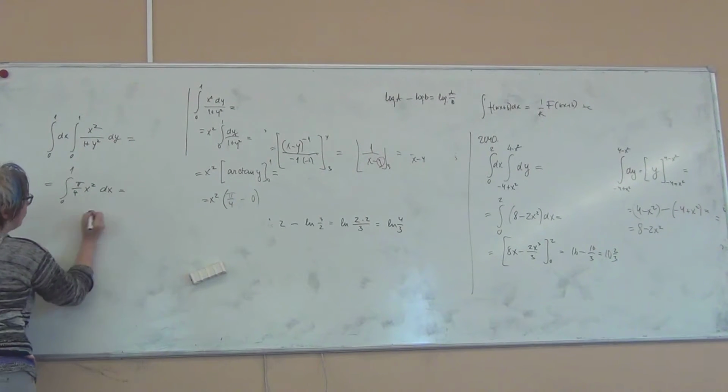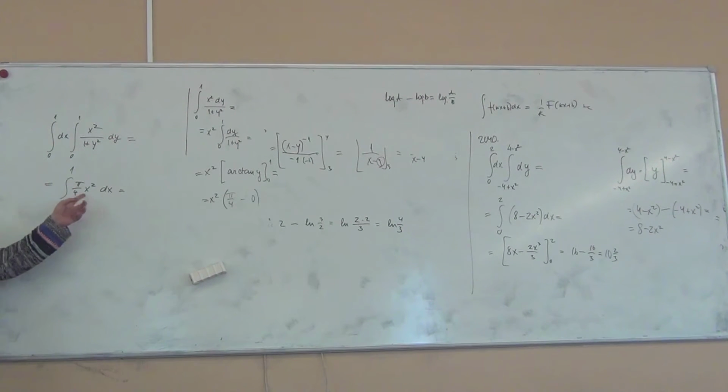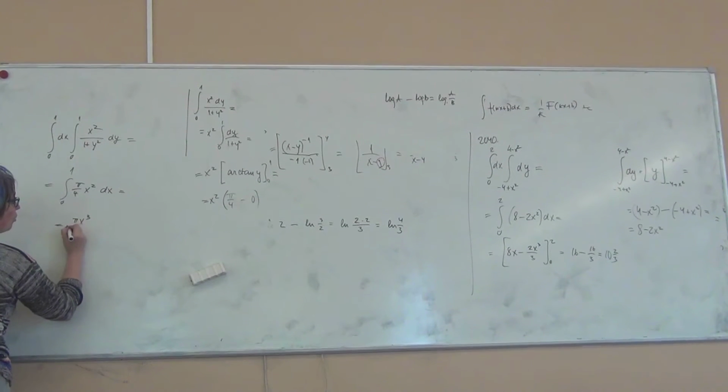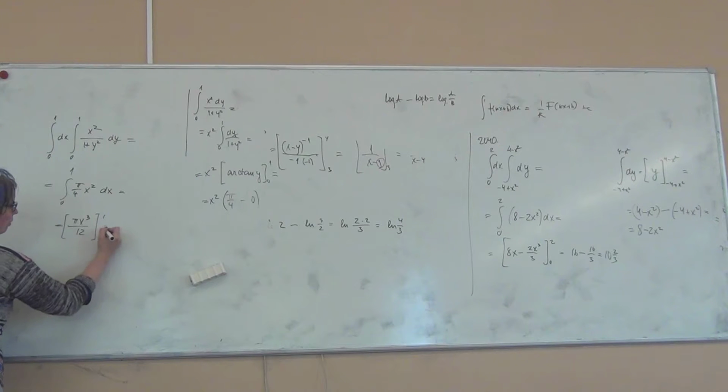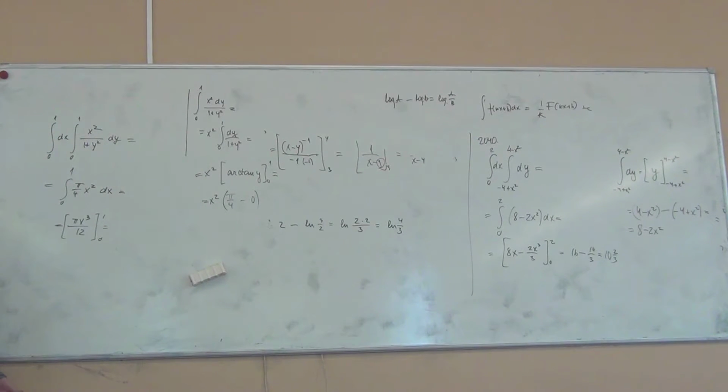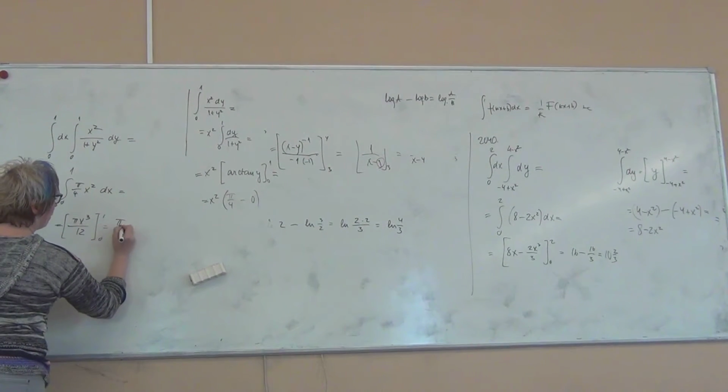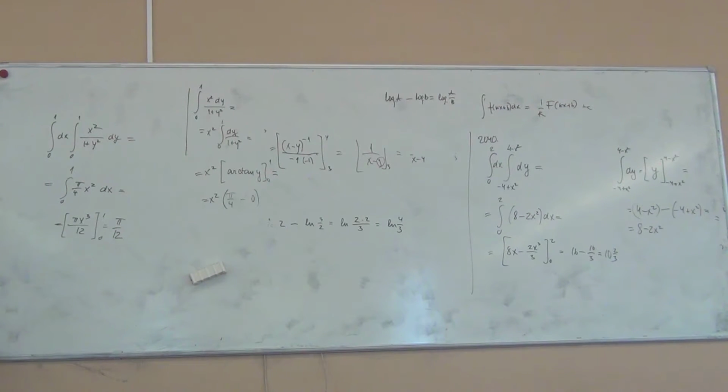That's not a problem. I don't even need to bring pi over 4 outside. I can integrate it at once. So it's pi x cubed over 12 from 0 to 1, which means it's pi over 12. It looked bad at the beginning, but it turned out to be quite simple. It's a basic integral.